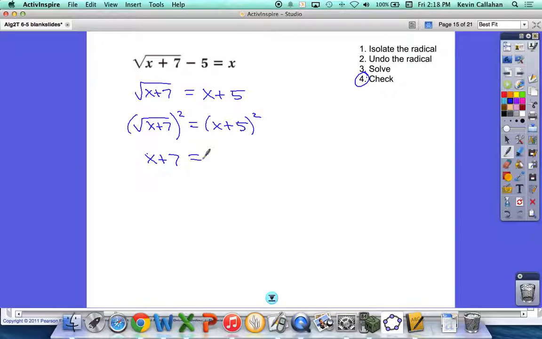And then how are we going to do x plus 5 squared? It's a FOIL, right? x plus 5 times x plus 5. Remember, this is not the place where you can just distribute the exponent, not when you've got more than one term. That doesn't work. You have to do x plus 5 times x plus 5, which is x squared plus 10x plus 25.